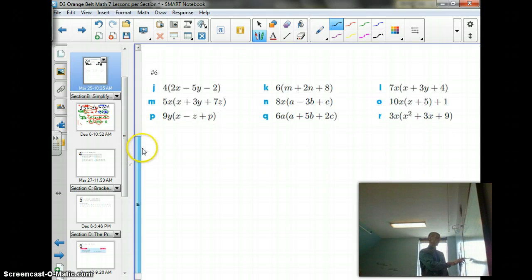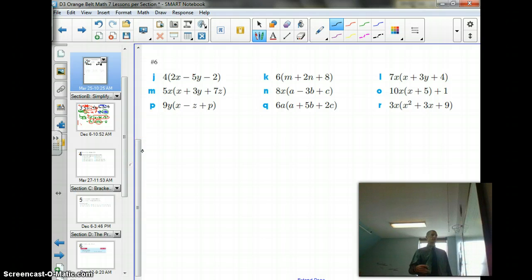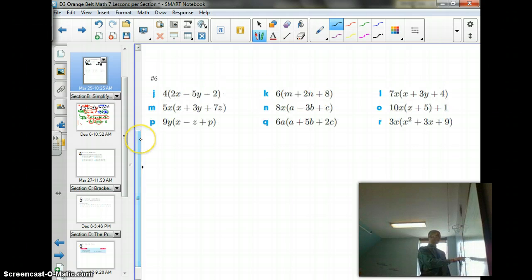Okay? So if we scroll down a bit, this is number 6. Number 6 was expand and simplify. Here, just the coefficient, you're multiplying through. So if we do P, 9y times x will be what? 9yx, right? What do we do to this?